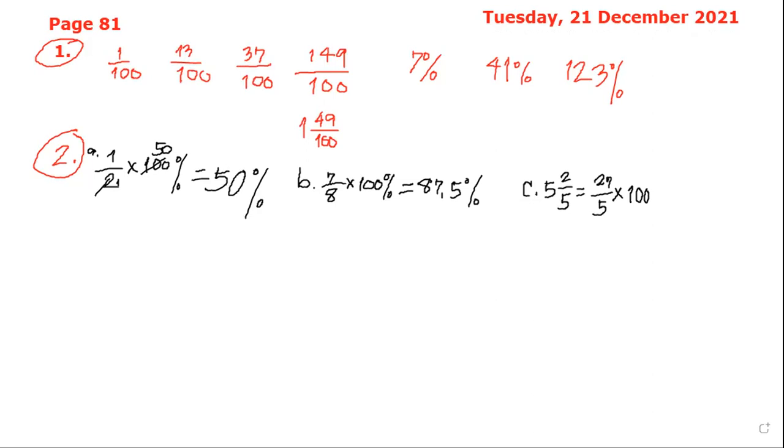All right, what is the answer for letter C? Infa? Koko? Letter C, what is the answer? 100 by 5 is 20.